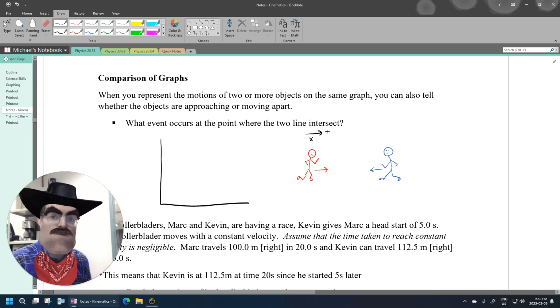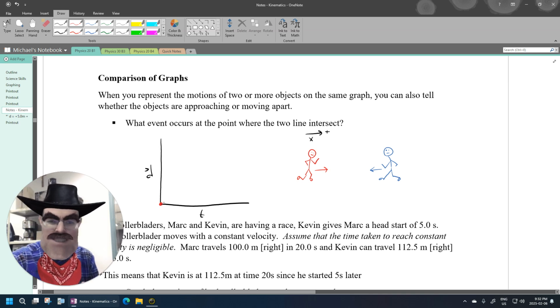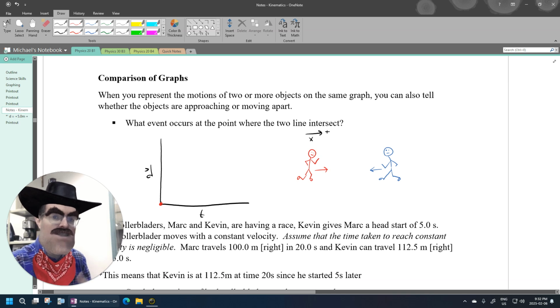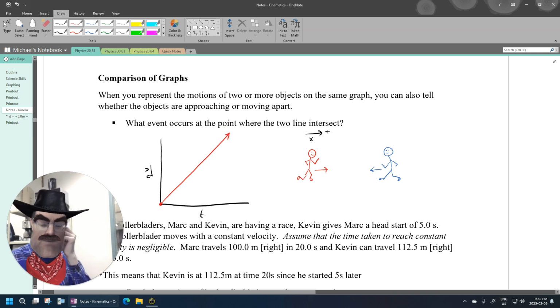If I were to draw a position time graph, I would have the red character start at the origin, and I'm going to make the assumption, because we're not going to talk too much about accelerated motion, that they just move at a constant uniform velocity. So it's going to travel in a nice straight line in that direction.